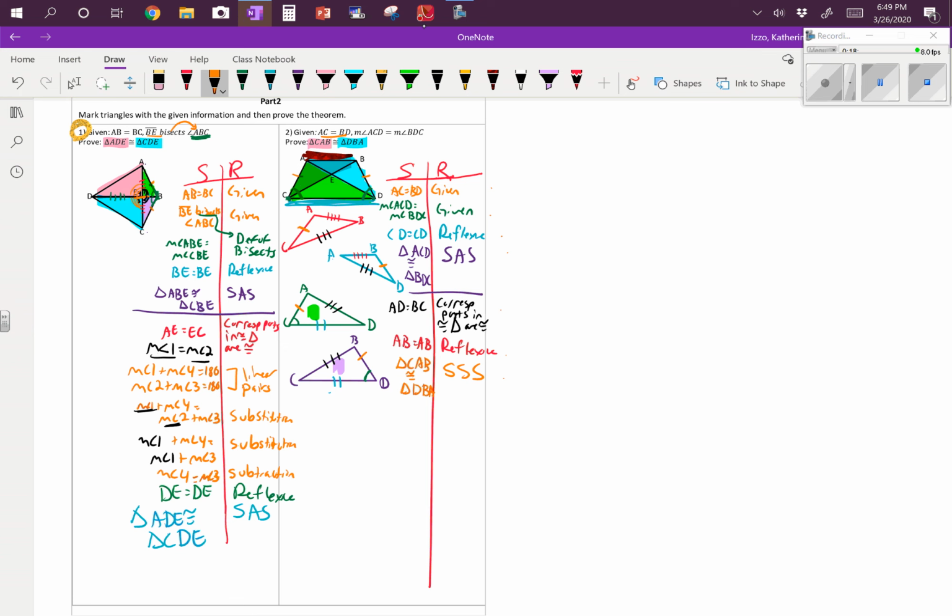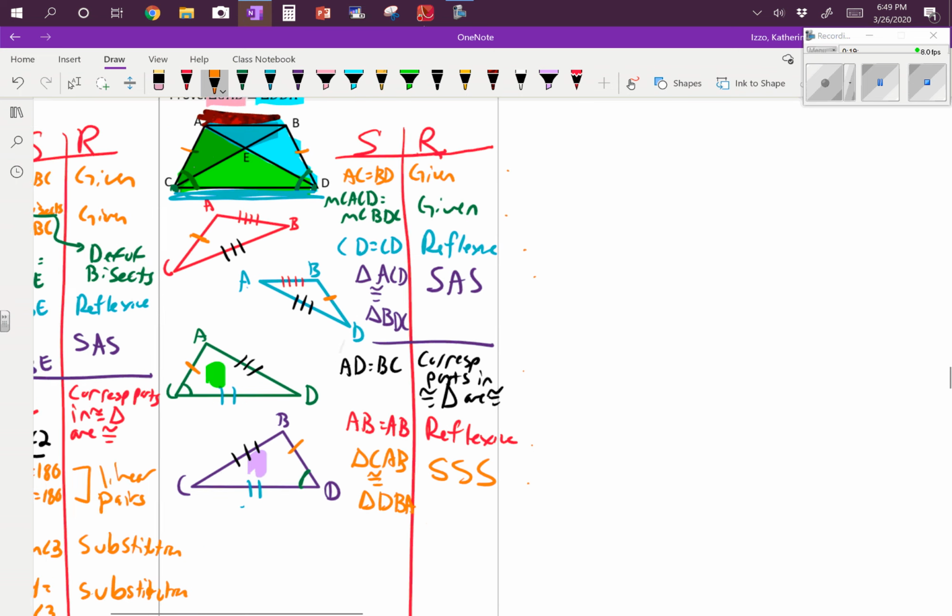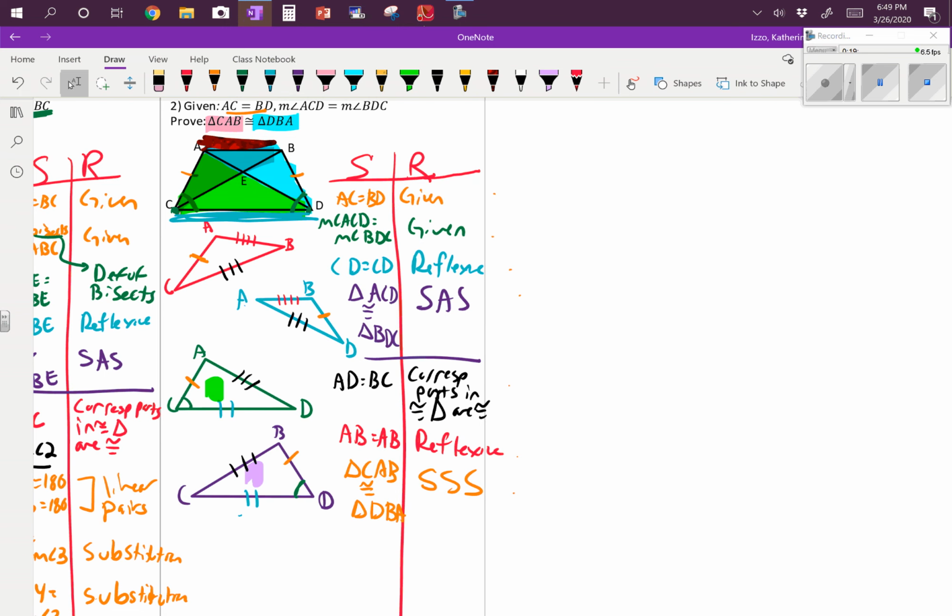Doesn't matter if you're dealing with proofs, because sometimes that will completely make all the difference. I've got 4 triangles that are all overlapping each other in one very small little puzzle box that I had to unravel here. So be very careful.